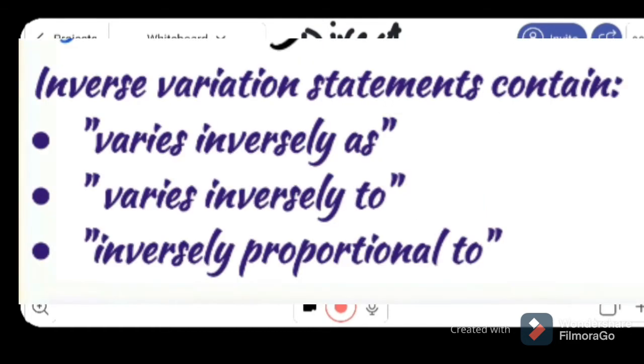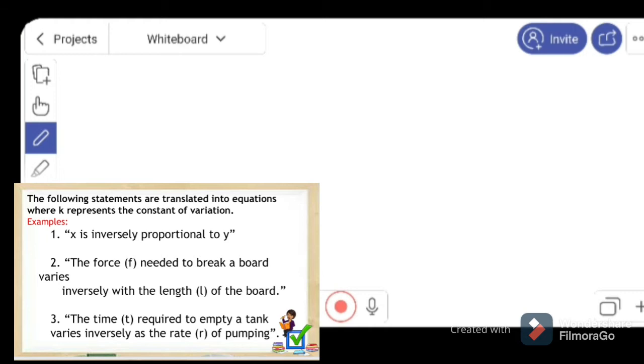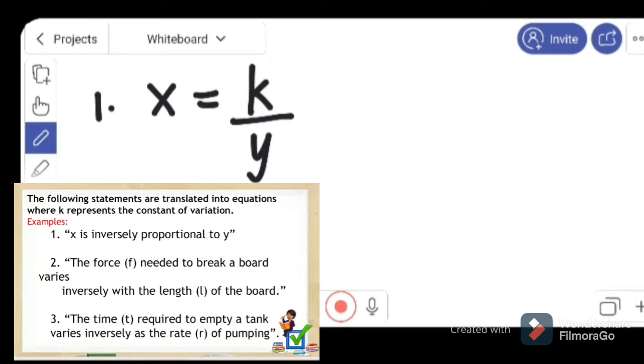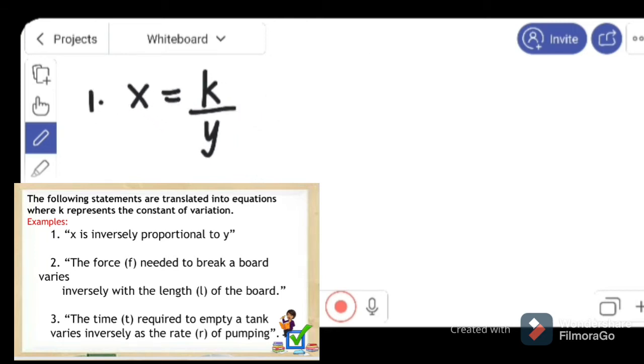Do not forget the statements that will lead you to an inverse variation problem. Varies inversely as, varies inversely to, and inversely proportional to. X is inversely proportional to y. Next, given the force needed to break a board varies inversely with the length of the board.